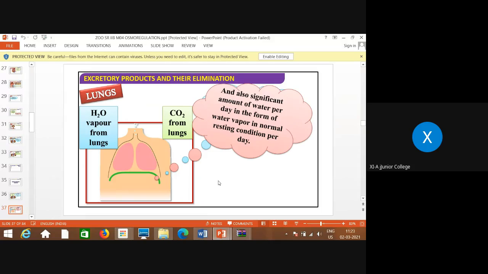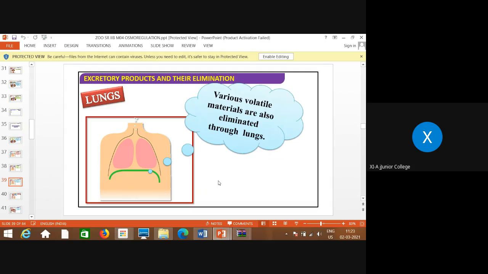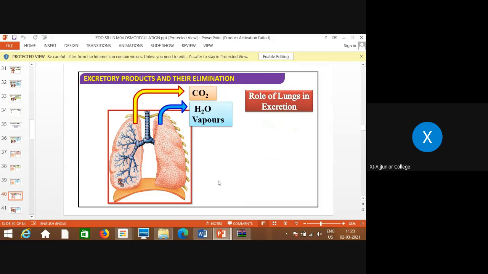It is a significant amount of water per day in the form of water vapor in normal resting condition. The quantity of water loss increases in dry climates. Various volatile materials are also eliminated through the lungs. So CO2 and water vapors are excreted from the lungs.